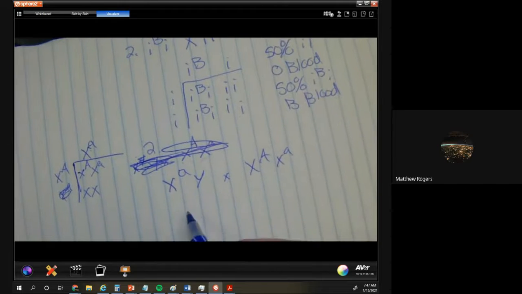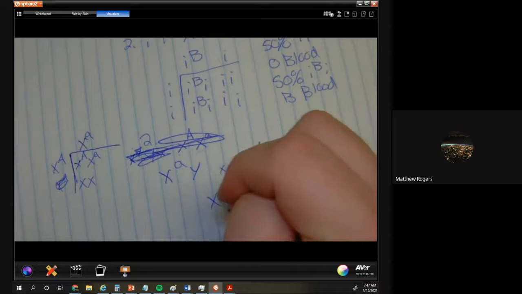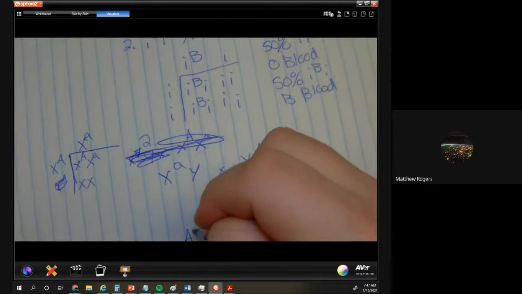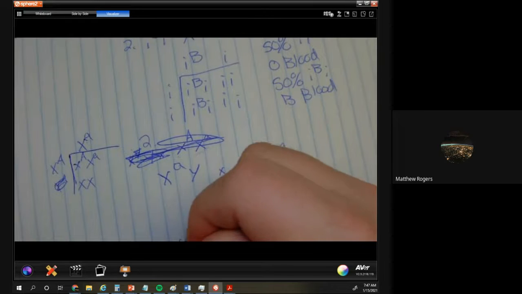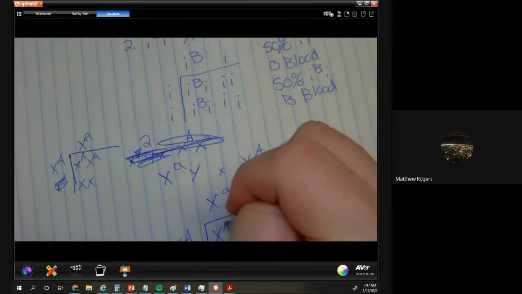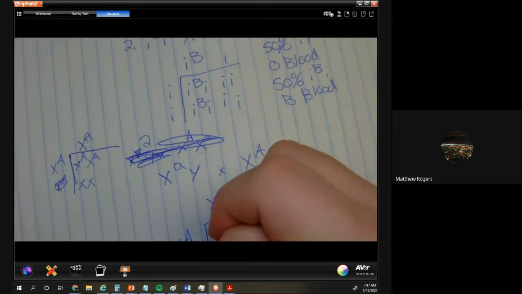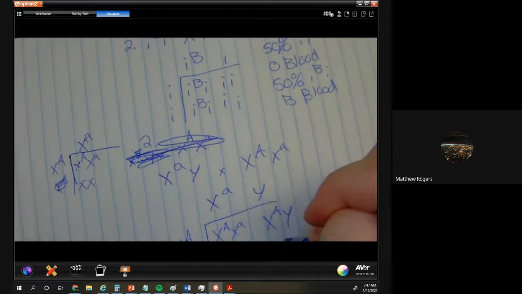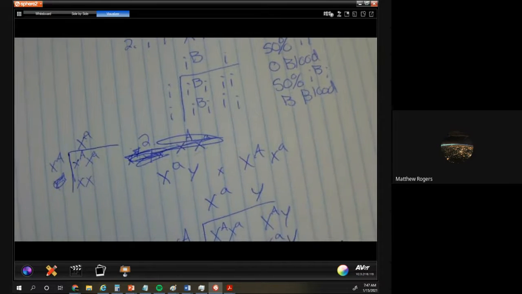My goodness, I'm falling apart over here. So we do this cross, X little a, Y, by X big A, X little a, and we go through the cross, and we're going to find out that this is going to be a very similar question to the last one.